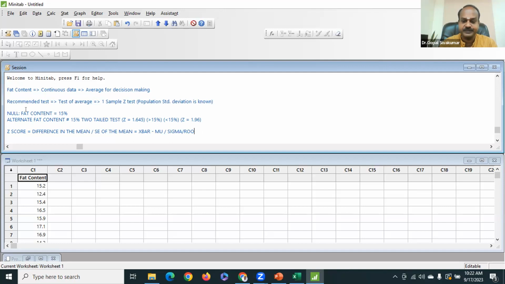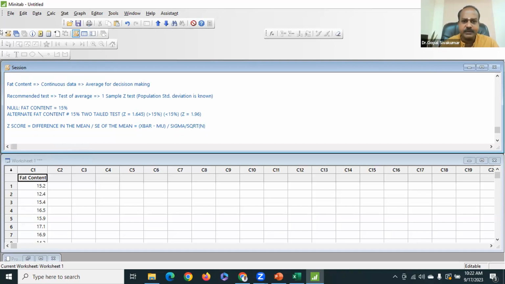Am I correct? Sigma by root n, square root of n, where n is sample size. If you do these things repeatedly, then you definitely come to know. This is the formula. So in Minitab, you don't have to do all of this. We have done it already manually.